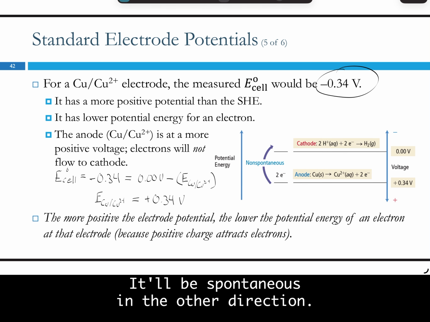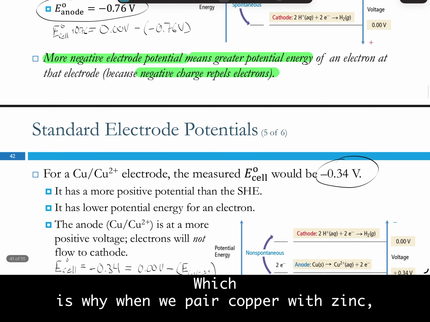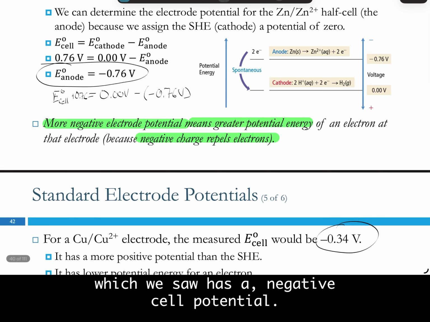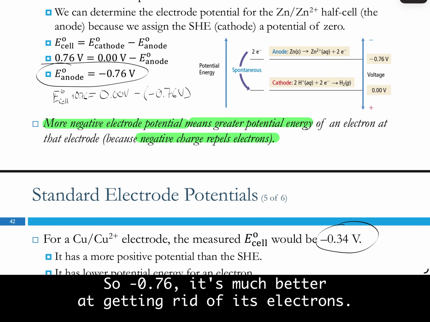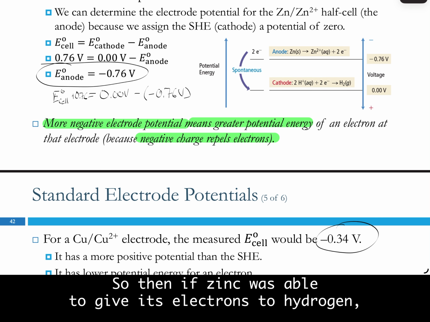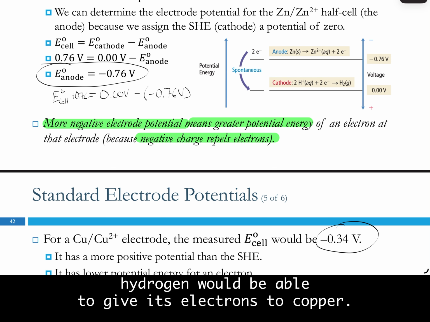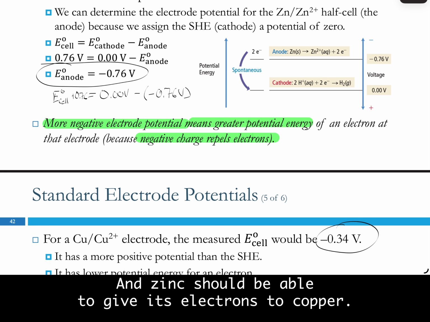It'll be spontaneous in the other direction, which is why when we pair copper with zinc, which we saw has a negative cell potential, so negative 0.76, it's much better at getting rid of its electrons. Copper lost to hydrogen and took electrons. So if zinc was able to give its electrons to hydrogen, and hydrogen would be able to give its electrons to copper, then zinc should be able to give its electrons to copper.